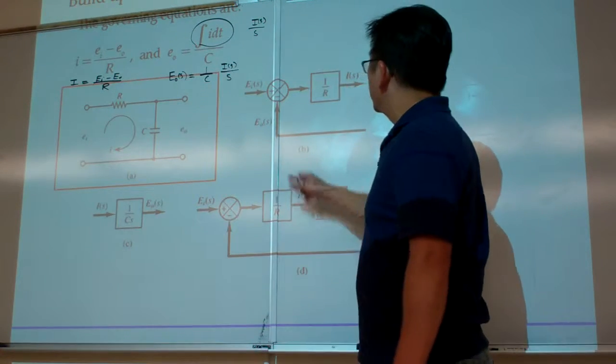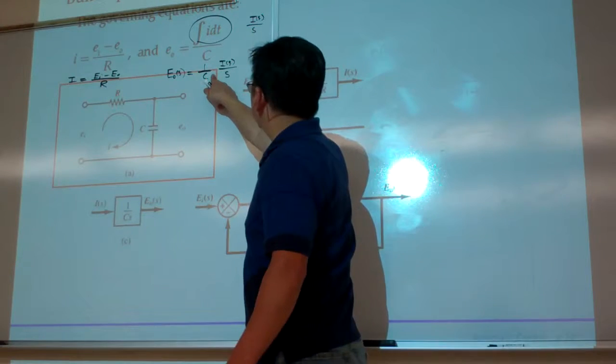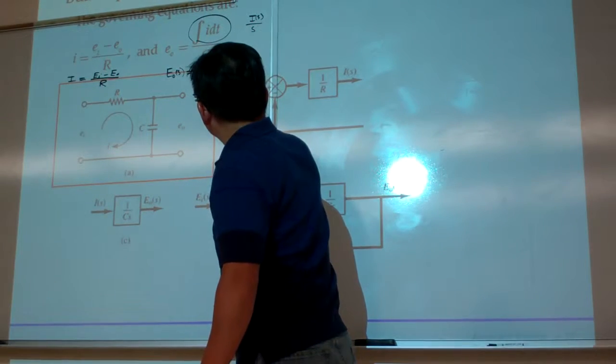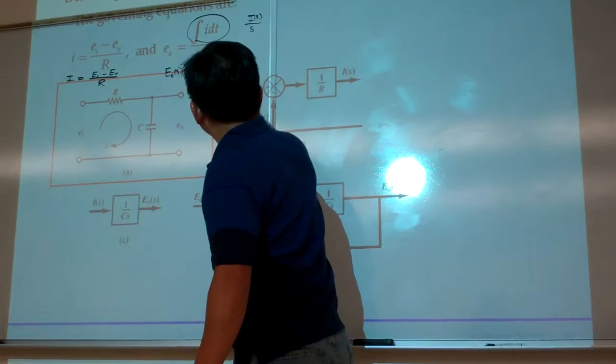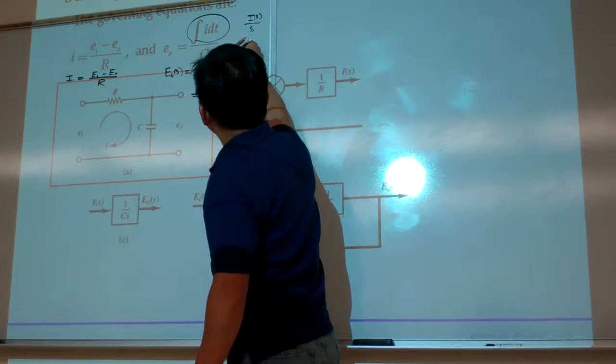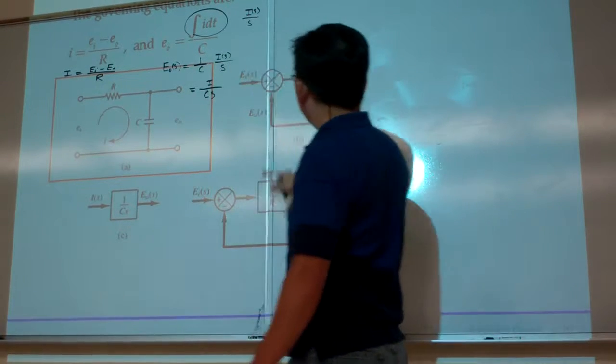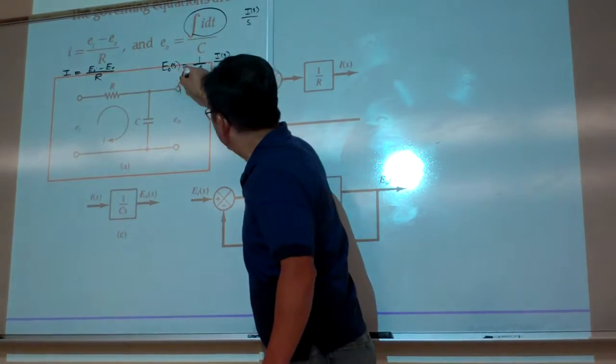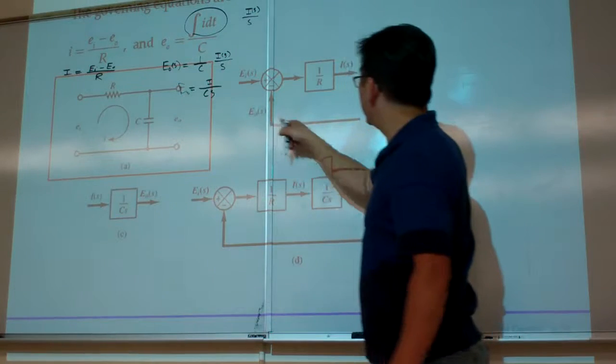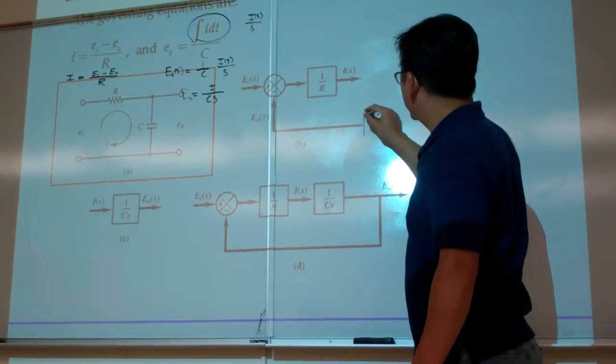Okay. So now EO is equal to, let me rearrange, CS over I. Sorry, I here. So EO equals this, we put it here.